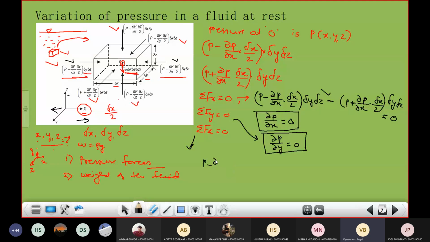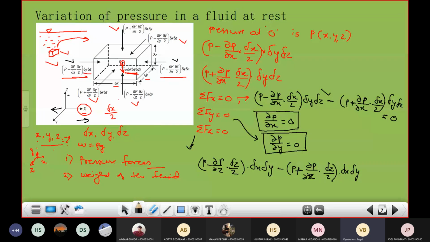So I should write P minus dP by dz into delta z by 2 multiplied by delta x delta y, minus P plus dP by dz into delta z by 2 multiplied by delta x delta y.